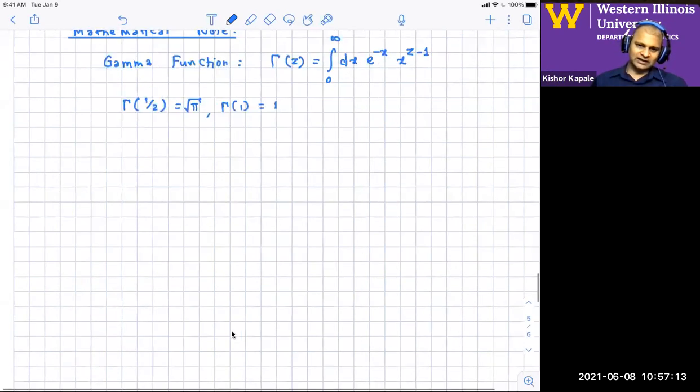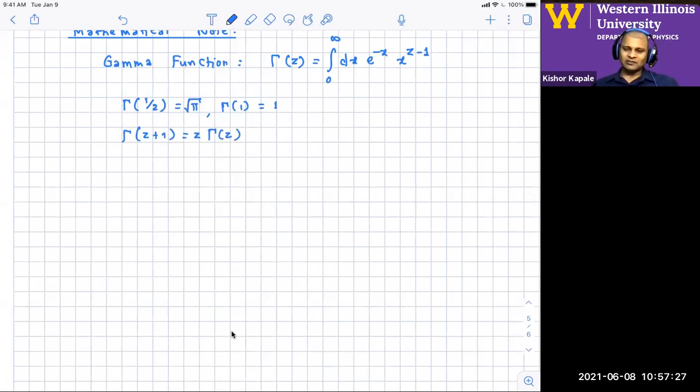With these, and then there is a recursion formula, you can basically determine gamma of any value. Gamma of z plus 1 is z times gamma of z. You could see this is similar to a factorial function, but it's more general. It applies to continuous variables as well.